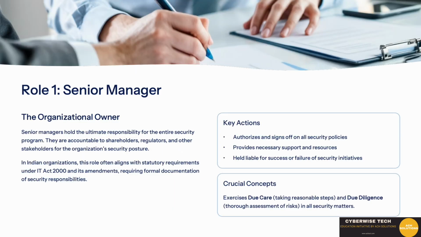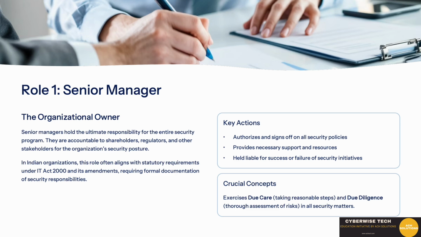First up, we have the senior manager. This is the organizational owner, the C-level executive, the person at the top of the pyramid. They are ultimately responsible for the security of the entire organization. The most critical function is to authorize and sign off on the security policies. Without the senior manager's buy-in and explicit support, any security policy is destined to fail.